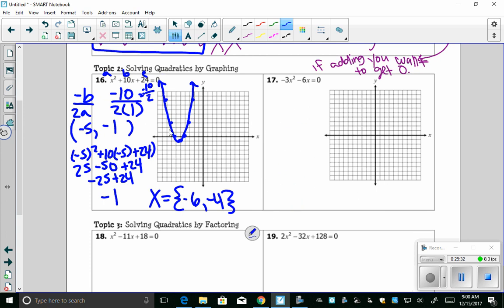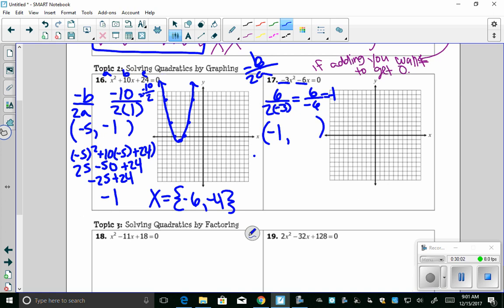I still have to use the same formula. Opposite of b divided by 2a. I'm still using the same formula. So here, my b is negative 6. So it's going to be positive 6 divided by 2 times negative 3, which is going to be 6 over negative 6, which equals negative 1.